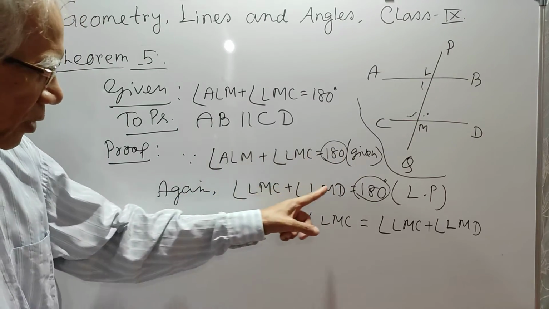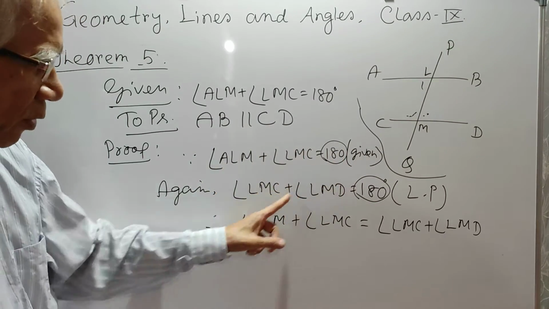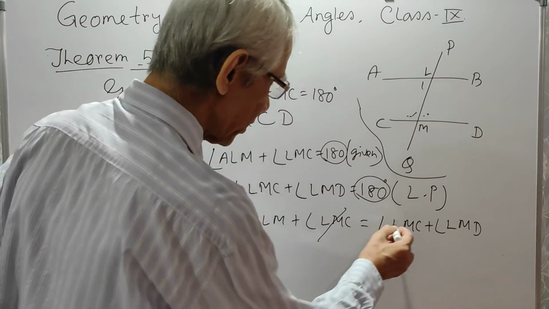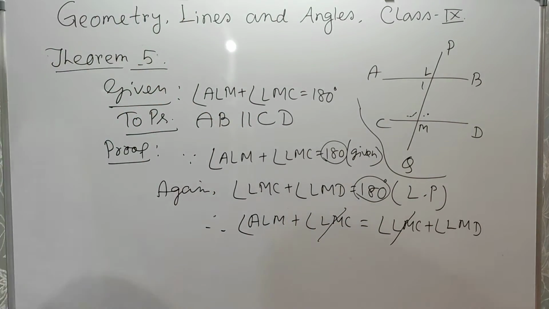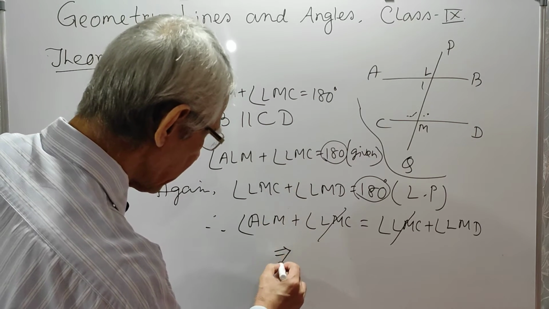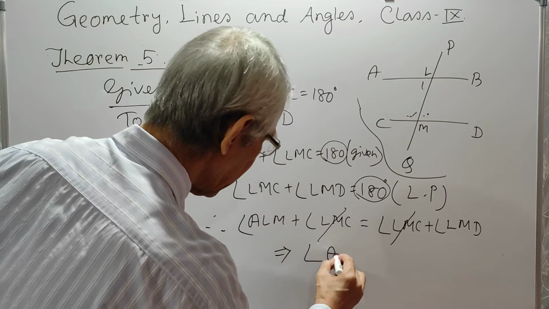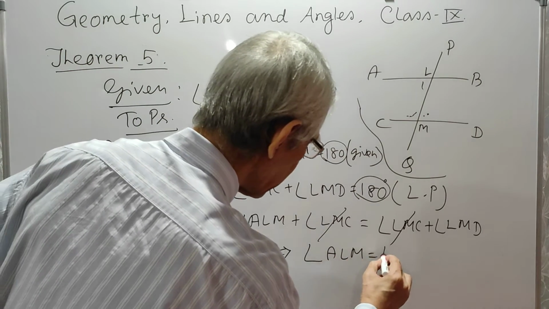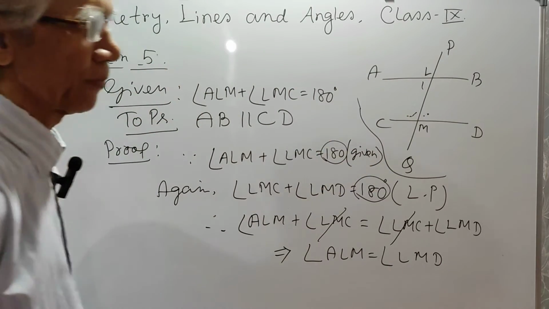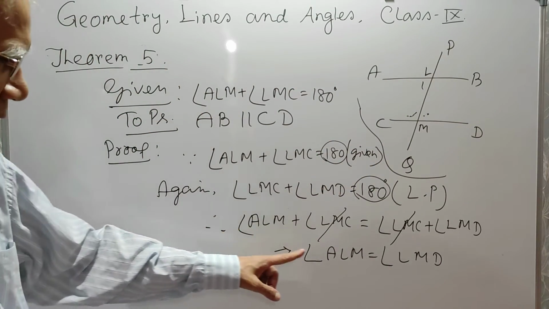Therefore this part must be equal to this. That is what we are writing. Now LMC you can cancel from both sides, the rule of equation, same thing from both sides. So what we are left with? ALM is equal to what? LMD. ALM equal to LMD.